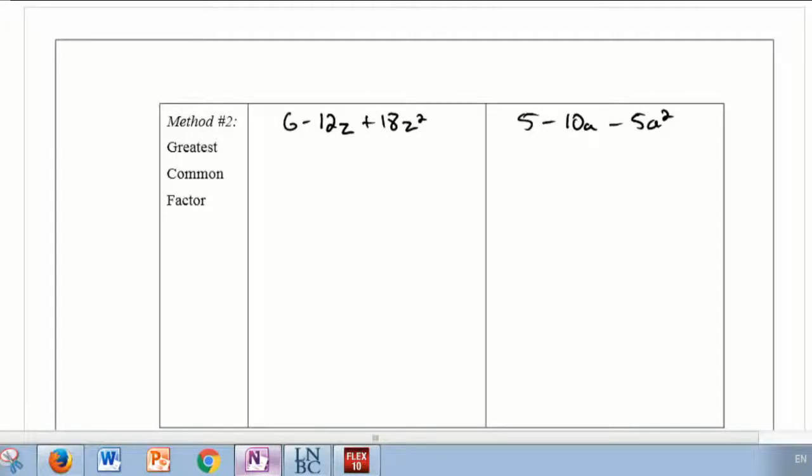All right, the first term here we have 6. What is my prime factorization of 6 going to look like? That's going to be 2 times 3. Then we have negative 12z, or just 12z. We'll just maybe ignore the negative for now. 12 we just talked about. If we go 2 times 2 is 4, times 3 gives us 12, and then we have a z.